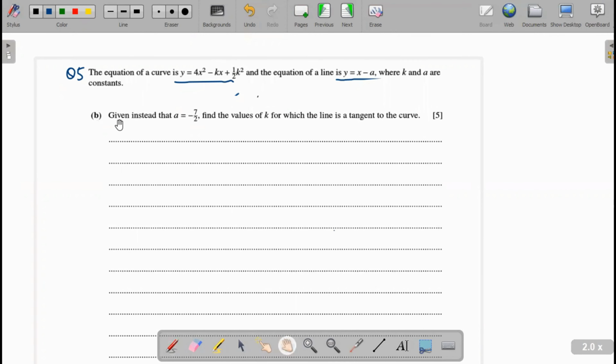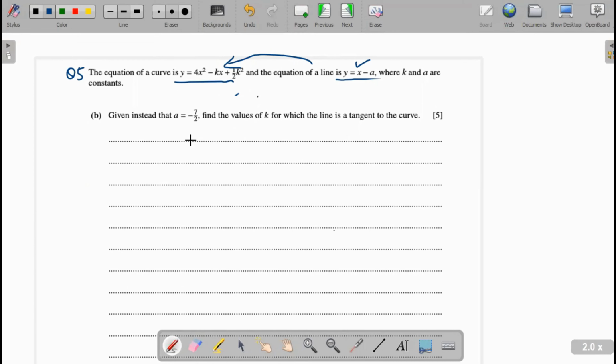Question 5, part B: given instead that a equals minus 7 over 2, find the values of k for which the line is tangent to the curve. The line is a tangent to the curve means that the line touches the curve. Here the line is y equal to x minus a, that touches the curve, and we equalize these two equations. When the line intersects or touches the curve, we equalize both equations.